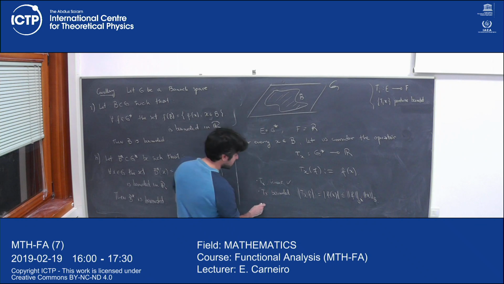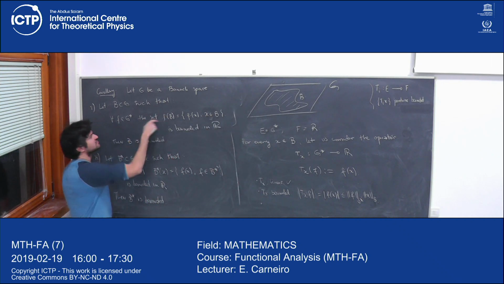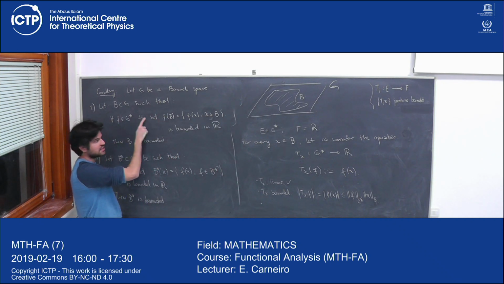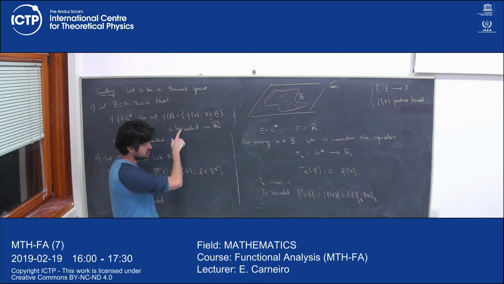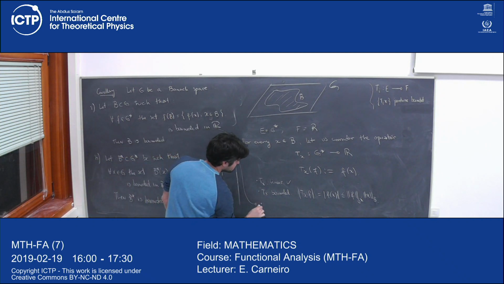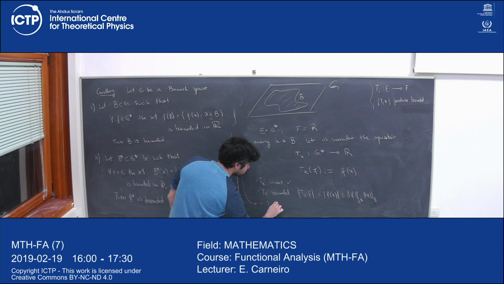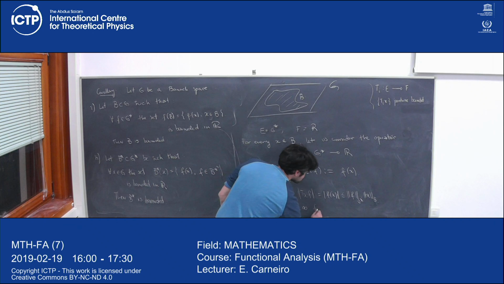It's linear and bounded, and what this implies now is that for any f in the dual space, this set is bounded. This translates to the sup, when x runs over this ball, of |Tx(f)| is bounded, for each f.